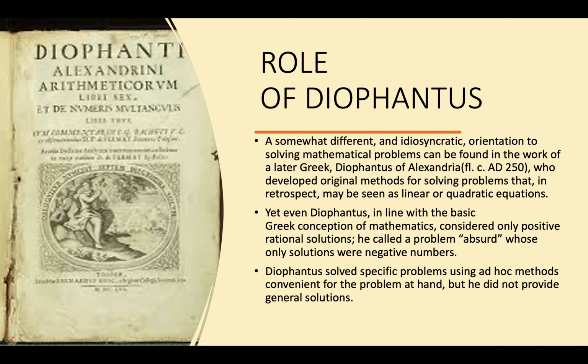Yet, even Diophantus, in line with the basic Greek conception of mathematics, considered only positive rational solutions. He called a problem absurd whose only solutions were negative numbers.